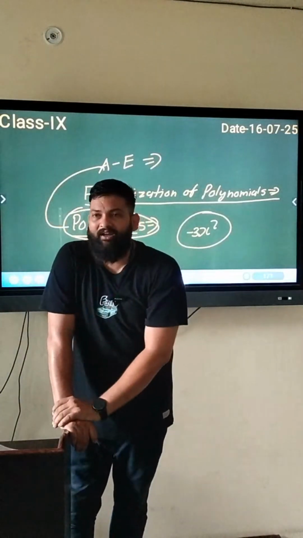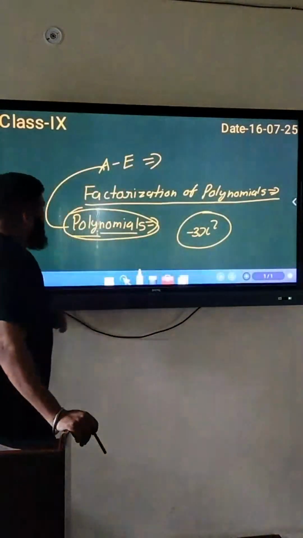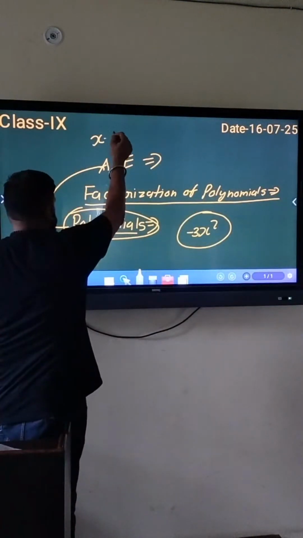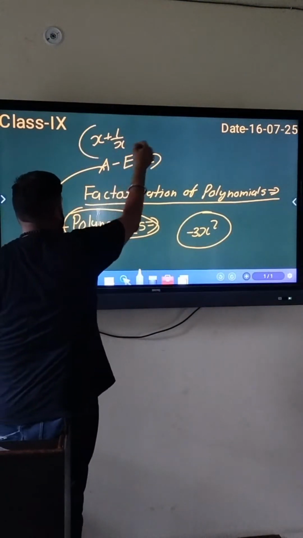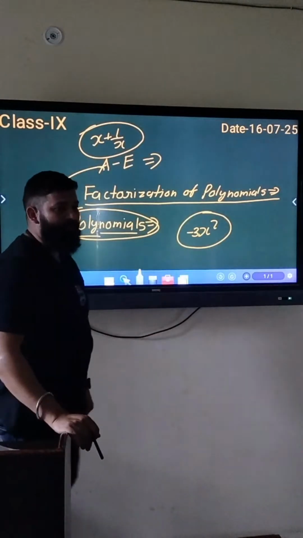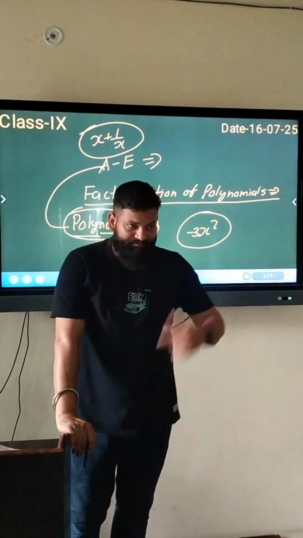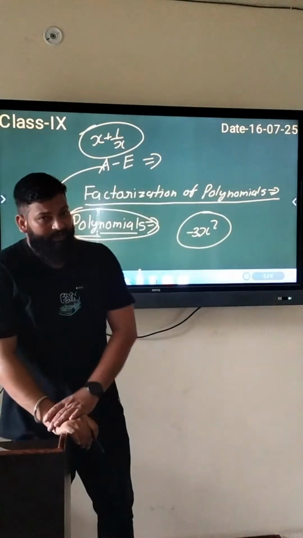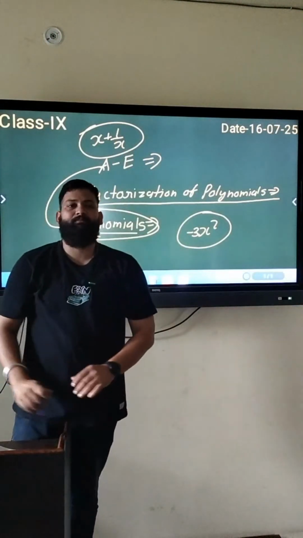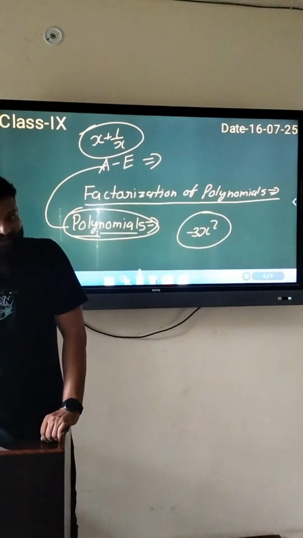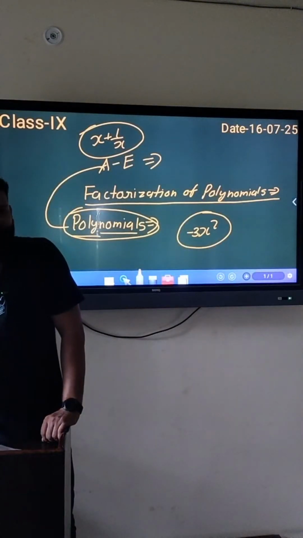If I ask you, is x plus 1 upon x a polynomial? No. Why? After some time I will explain. But if I ask, is x plus 1 upon x an algebraic expression? Yes, this is an algebraic expression.